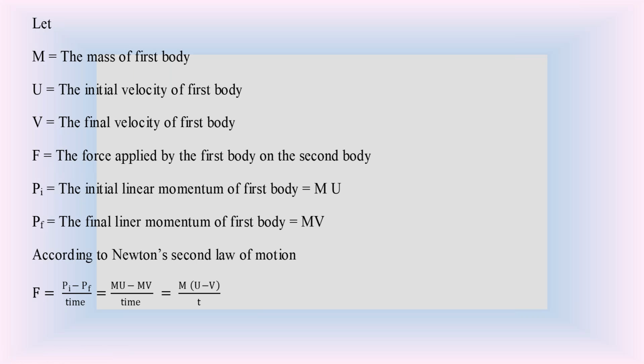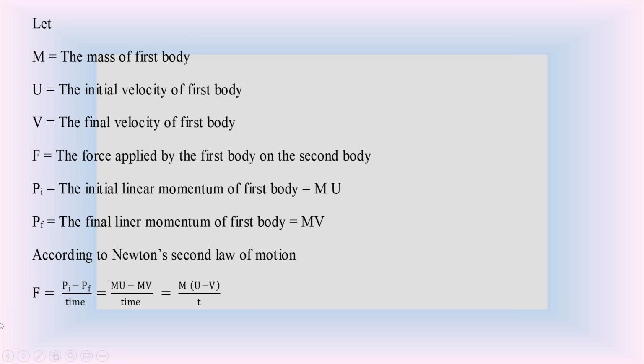Then Pi, the initial linear momentum of the first body, is equal to mass into initial velocity, mu. Pf, the final linear momentum of the first body, is mass into final velocity, mv. Since in the first condition force F, initial velocity u, and final velocity v all are acting in the same direction, straight away you can apply Newton's second law.